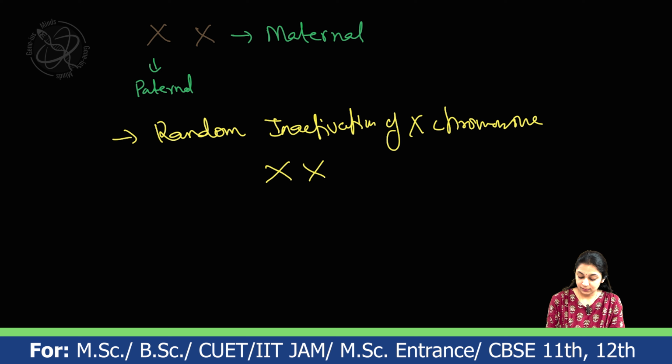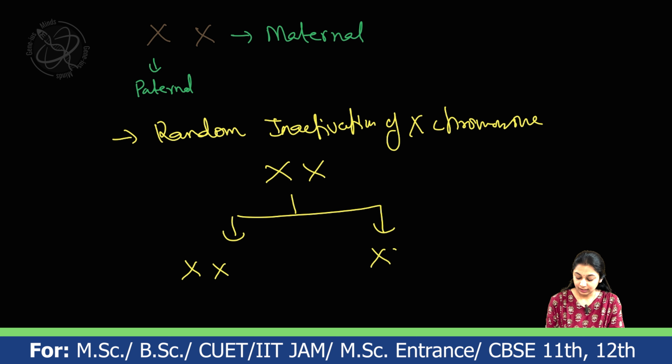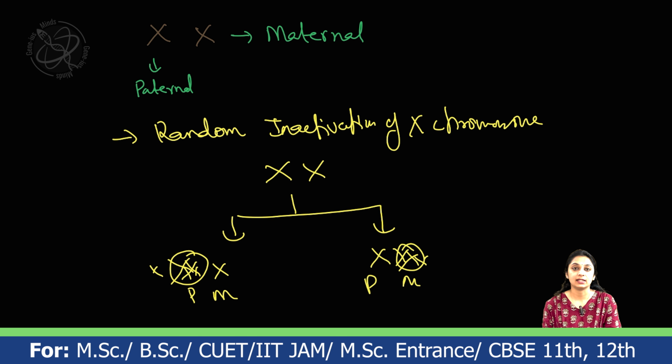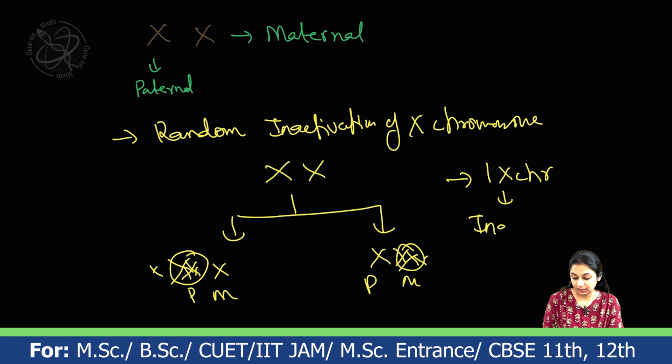So during mitosis, when the cells produce daughter cells, suppose this is paternal, maternal, paternal, maternal. It is just a random inactivation. The paternal can get inactivated as well as the maternal can get inactivated. But it is always one X chromosome that gets inactivated.